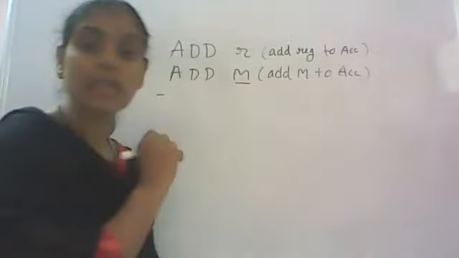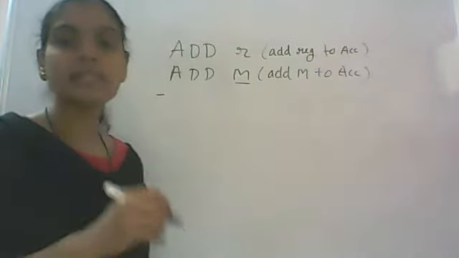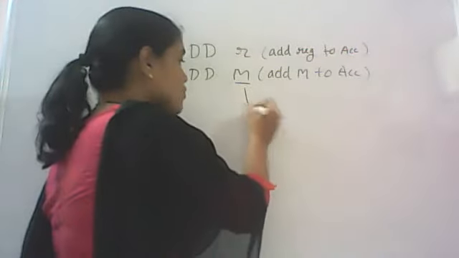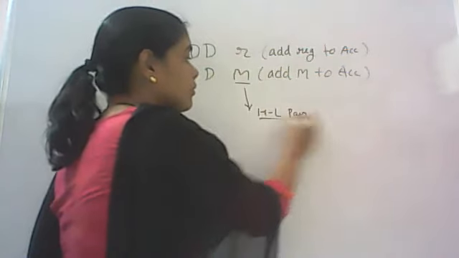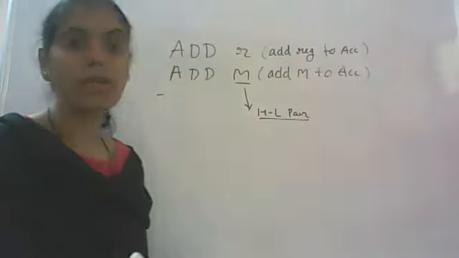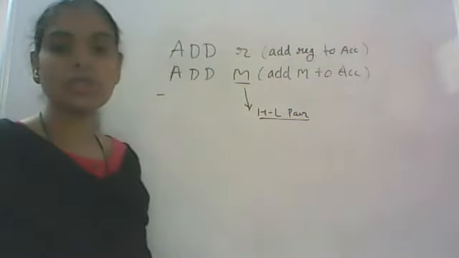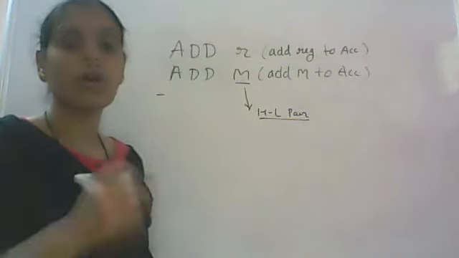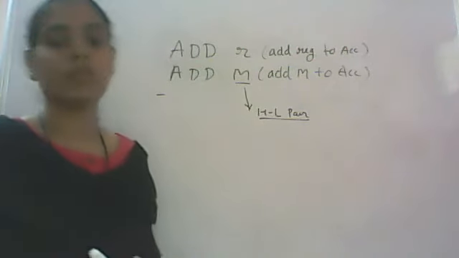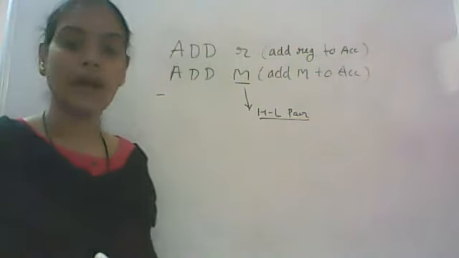If the operand is a memory location, its address is specified in the HL register pair. Using this instruction, all flags are modified to reflect the result of addition.